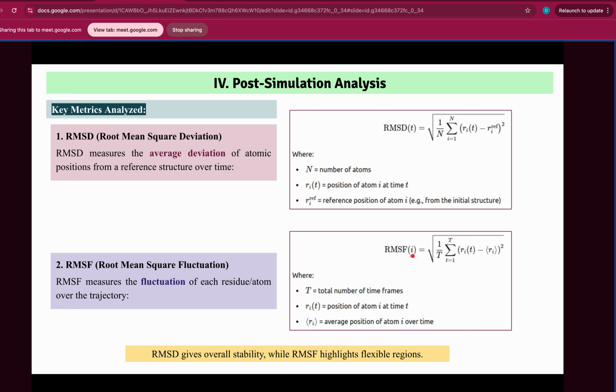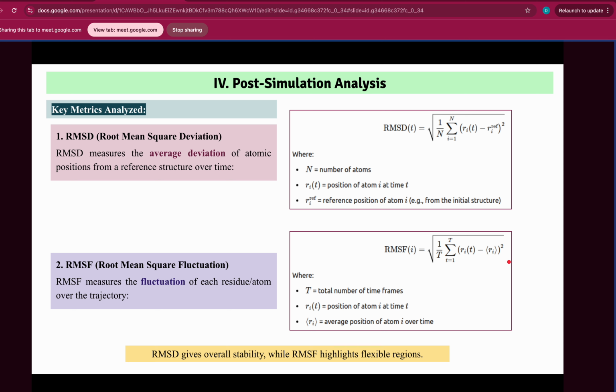So the RMSF for atom i is the square root of 1 upon T, which is the total number of time frames, and the summation from t equals 1 to capital T, that is from the first frame to the total number of frames. We find the square of the difference between r_i(t), the position at time t, and the average position of the atom over time, that is the mean r_i.